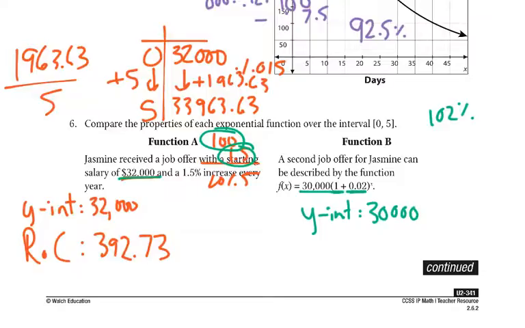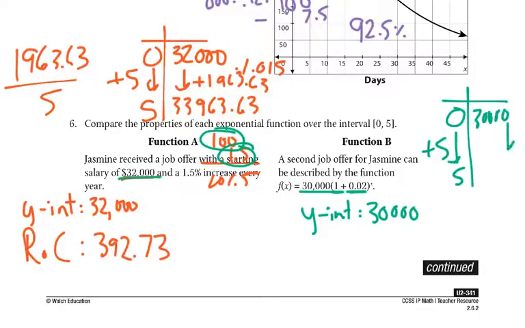So if we made a table of this one, 0 would be 30,000. We need to get to 5, so plus 5 here. And so we take 30,000 times 1.02. So after year 1, she'd have 30,600, times 1.02.